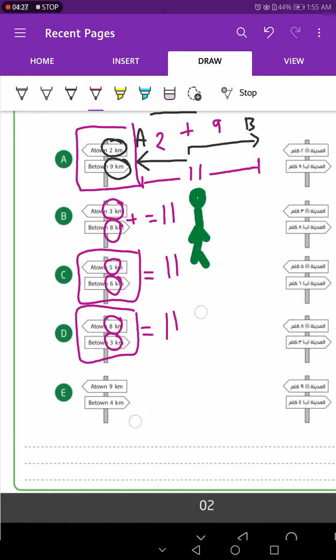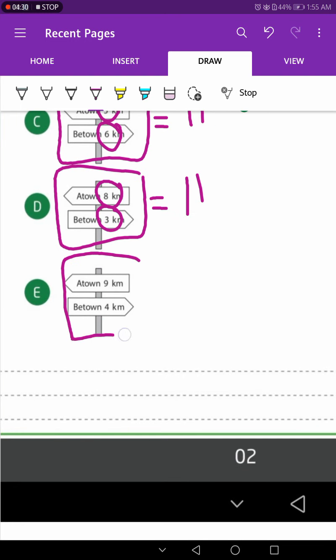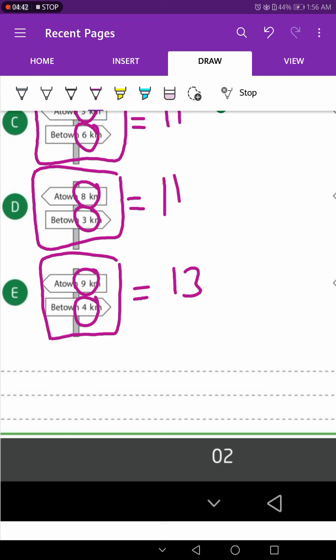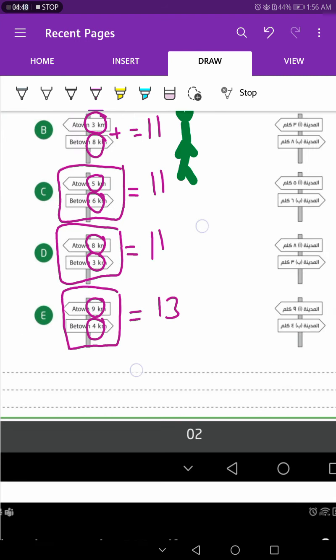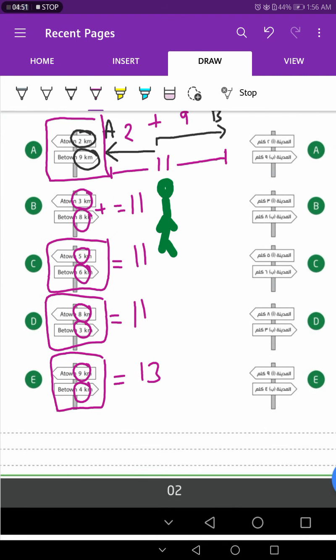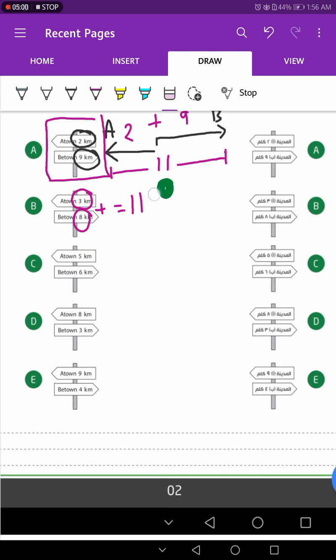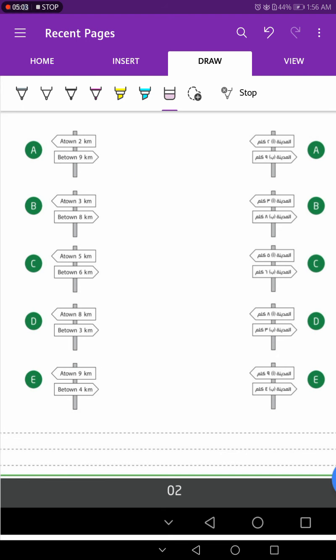But at the last sign, if you add 9 plus 4, you will get 13. That means it is the only different sign, saying the distance between town A and B is 13 kilometers, and this is different.